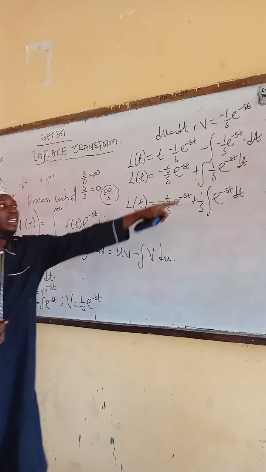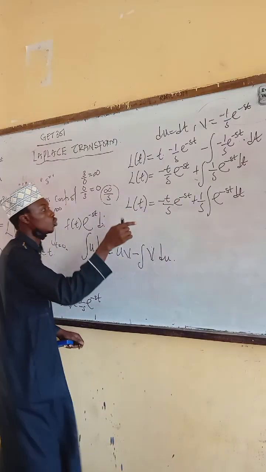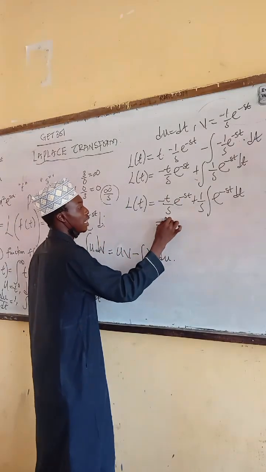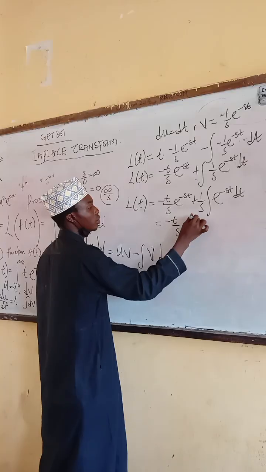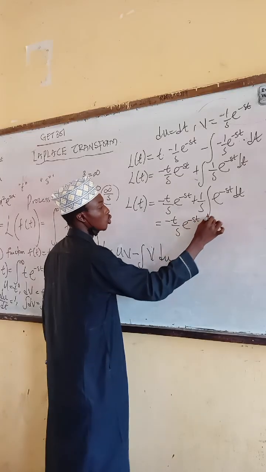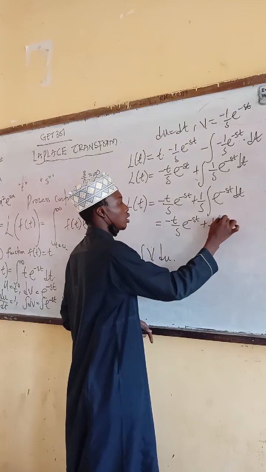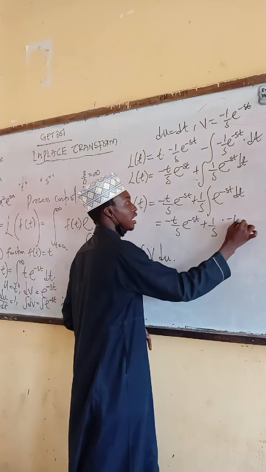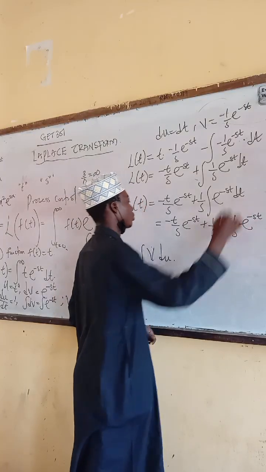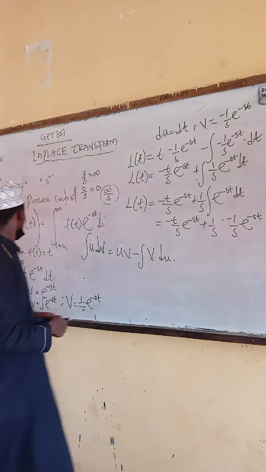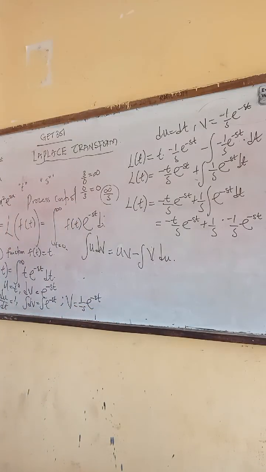Integrating exponential minus st again with respect to t gives minus 1 over s exponential minus st.